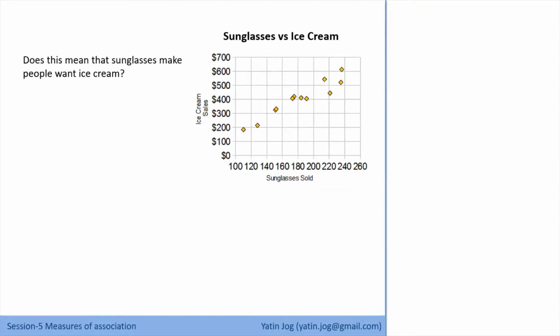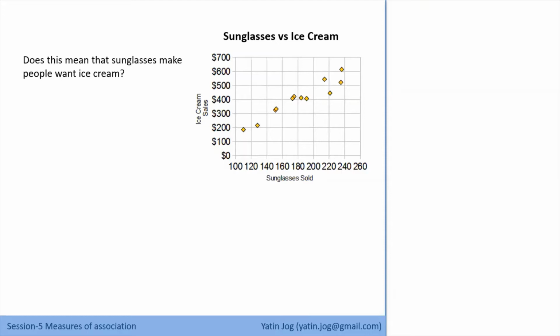That third factor is weather, for example, warmer weather, because of which people are going and buying sunglasses and also buying ice creams. But as such, between these two variables, there is no direct impact. Not because I purchase a new sunglass will I also purchase ice cream. No. So there is no direct relationship between these two variables, but because of some external factor, both variables show a positive relationship.